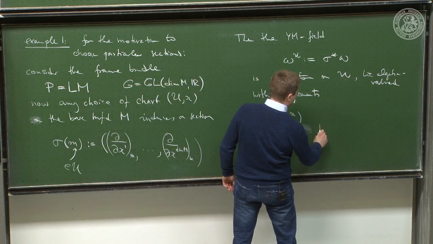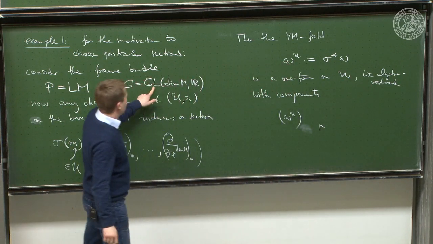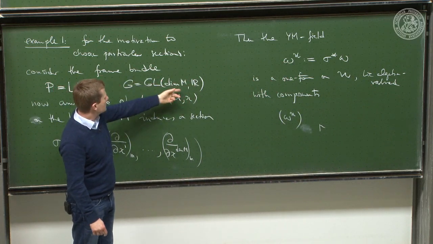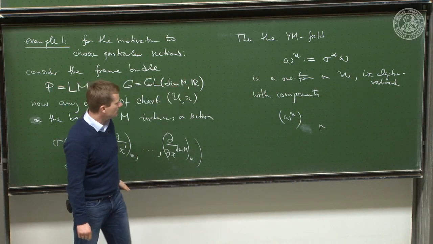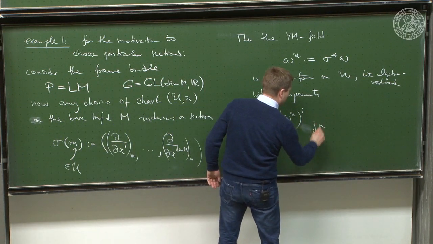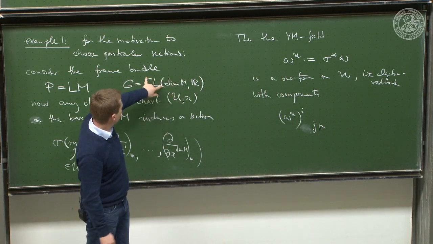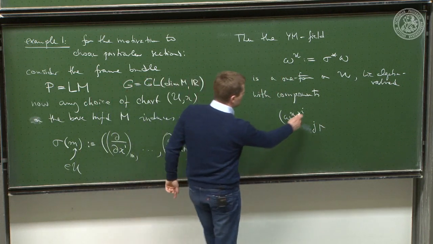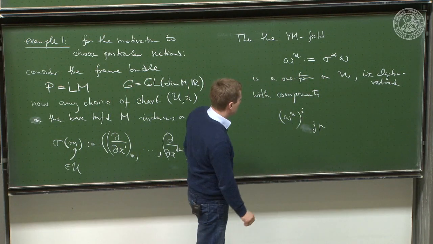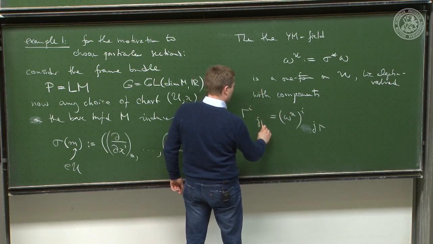And then it has a Lie algebra index, but this GL consists of invertible linear maps on R^dim M. So there is an index up I and an index down J. Well, this is not a GL matrix, but it's the Lie algebra representation. And these you usually call gamma I, J, mu.